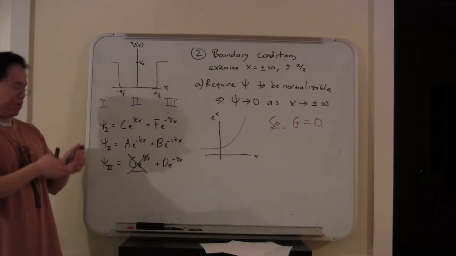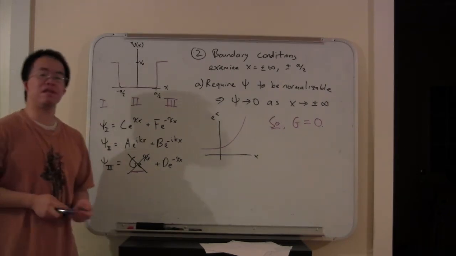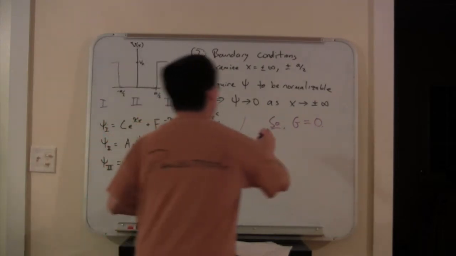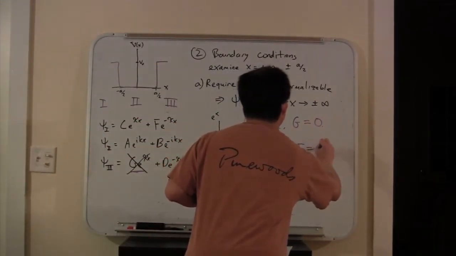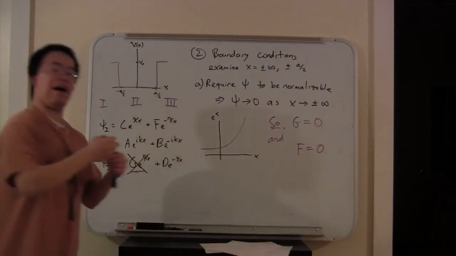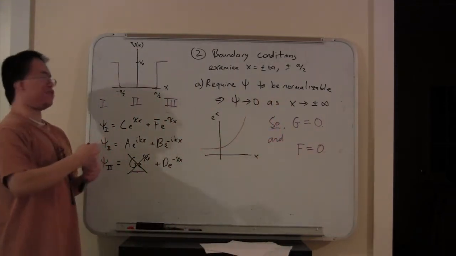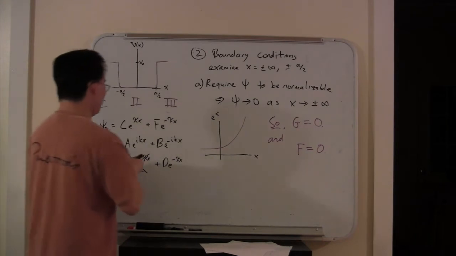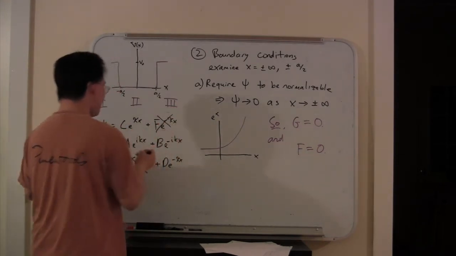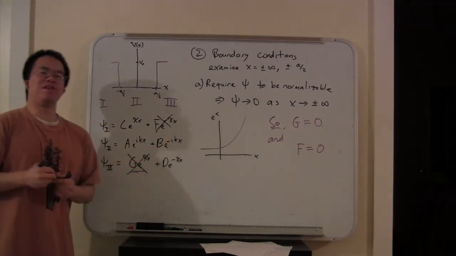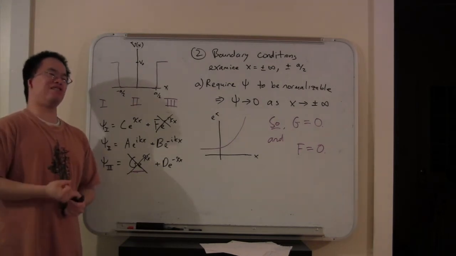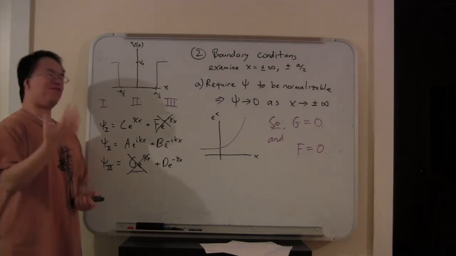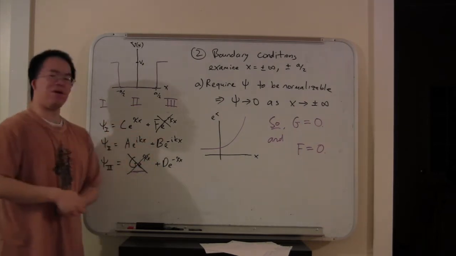And so requiring normalizability means that F also has to equal 0. So let's knock that out of here. Okay, so that's a big help already, because we've reduced finding 6 constants to finding 4.